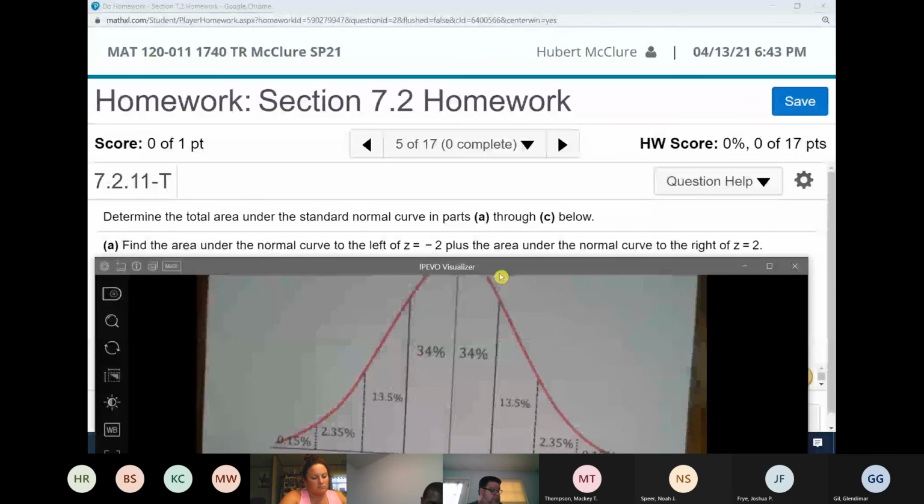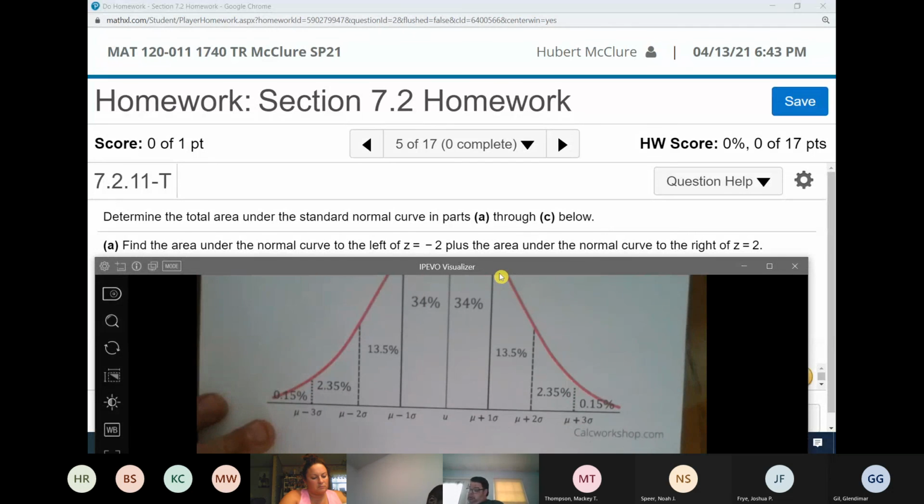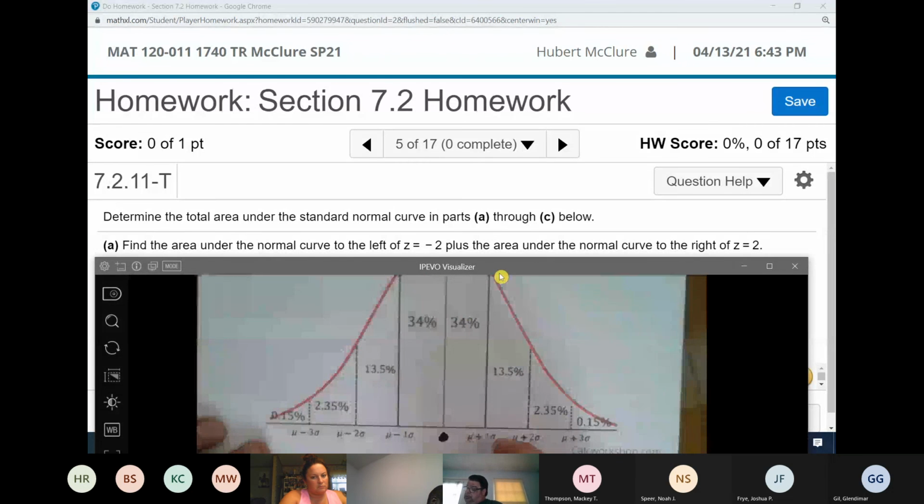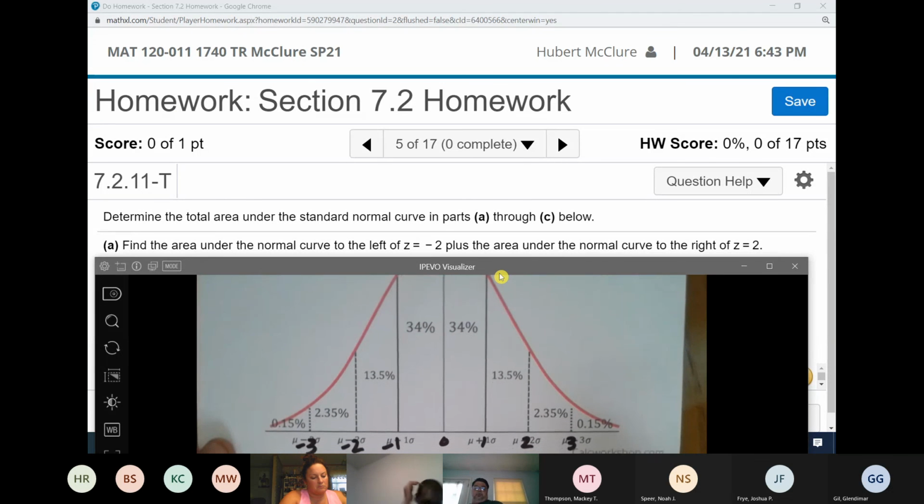Okay. So I'm going to take my handy dandy black marker and I'm going to do my z-scores. 0, 1, 2, 3, -1, -2, -3. And I want to know, it says the left of -2.